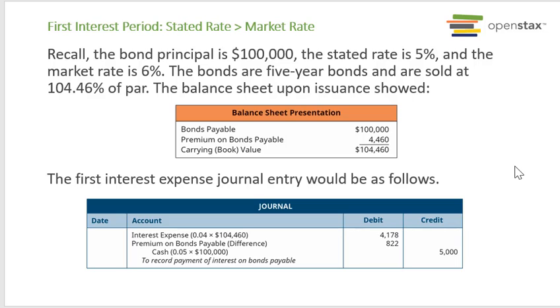So now they are showing us a bond that we sold at a premium. So we're reducing this throughout the life of it, this 4,460. So our interest expense we calculate, and we've done those amortization tables, so we're just plugging in these numbers right here, this premium on the bonds payable.